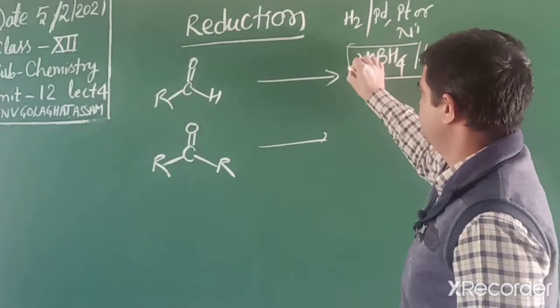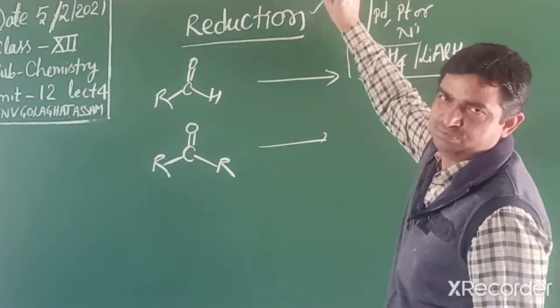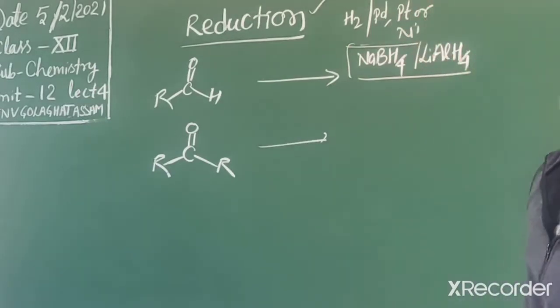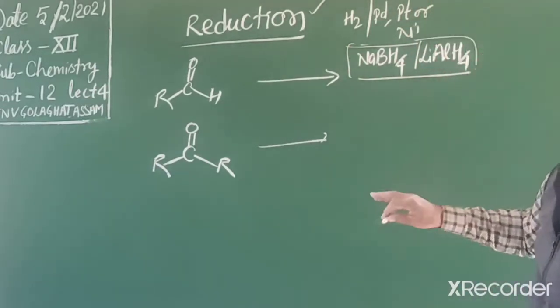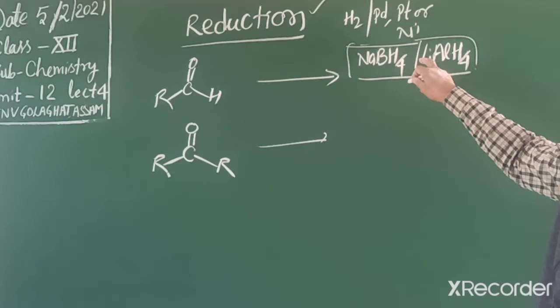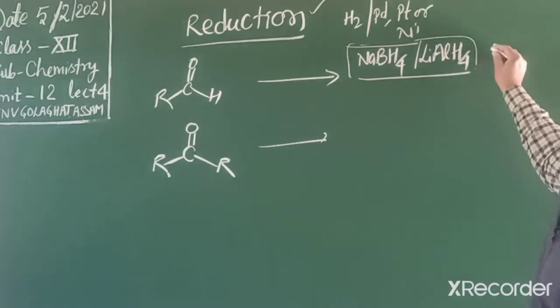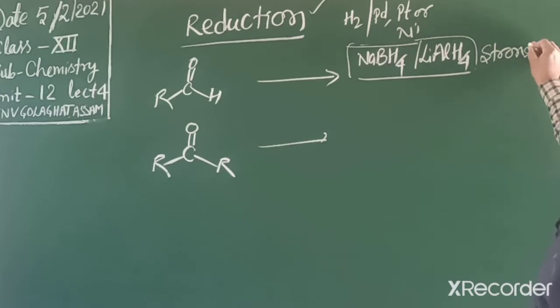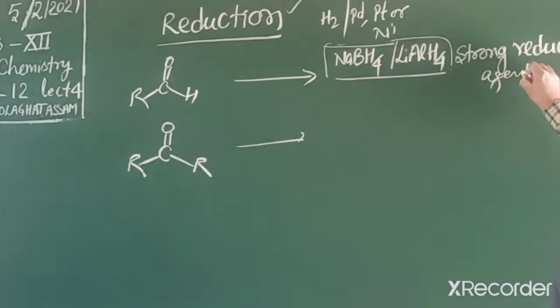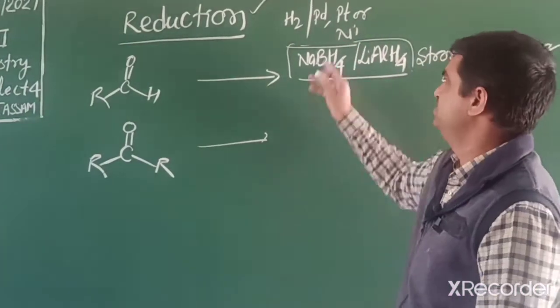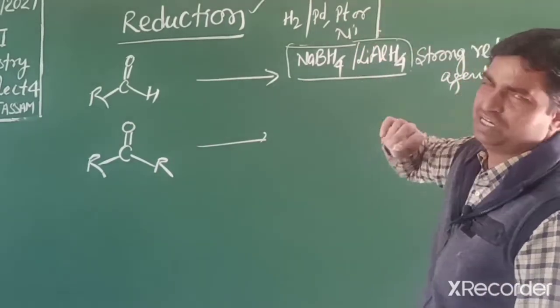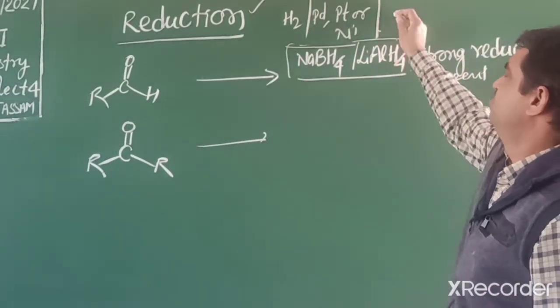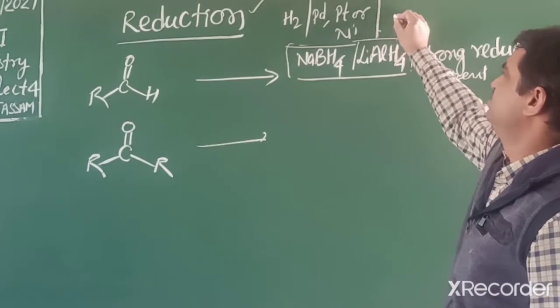So students, remember that when reduction comes, we can use these reagents: sodium borohydride and lithium aluminium hydride are strong reducing agents, and hydrogen in the presence of palladium, platinum, or nickel, known as catalytic hydrogenation, is a medium reducing agent.